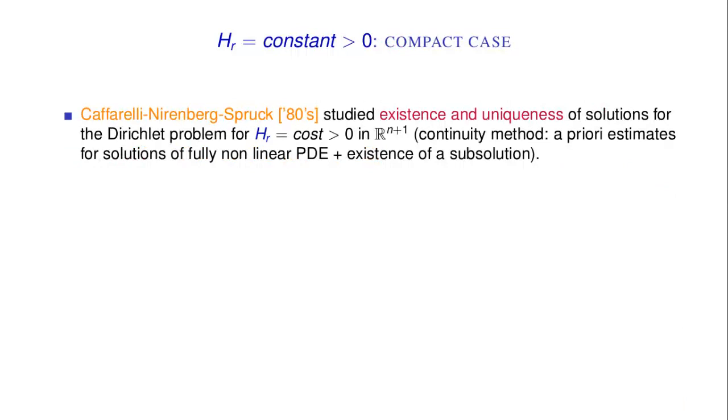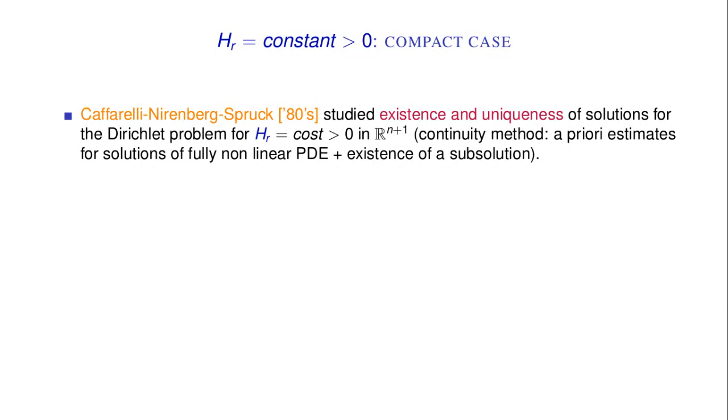So now we know that we have the maximum principle, so we can start to work. And let me tell you a couple of results that in the 80s and also later gave a new life to the theory of hypersurfaces with a constant symmetric function, H_r equal to a constant.